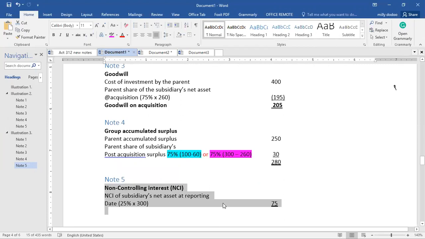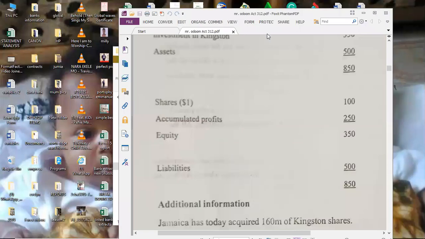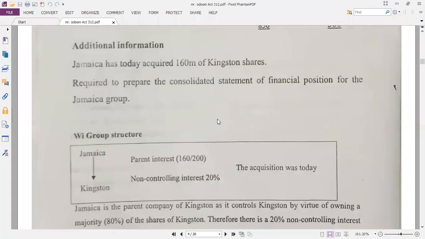So the theory from page 11 up to page 21 and the illustrations over there is just what I have summarized in short for you. We will take the example on page 22 so that you will have a better understanding of all the theories that I'm saying.